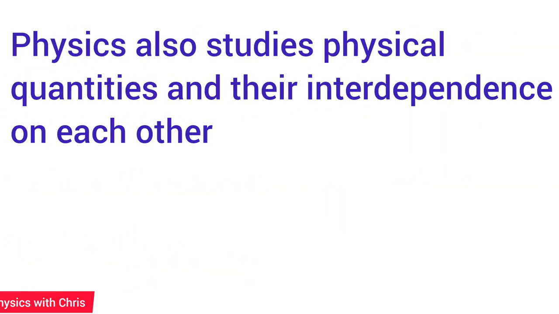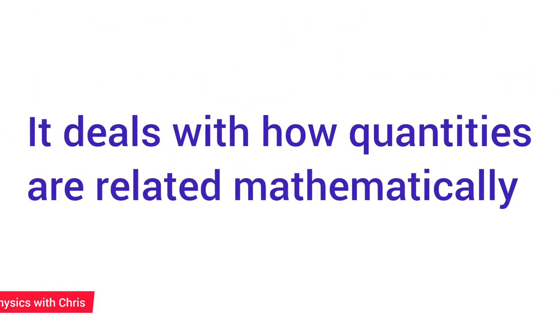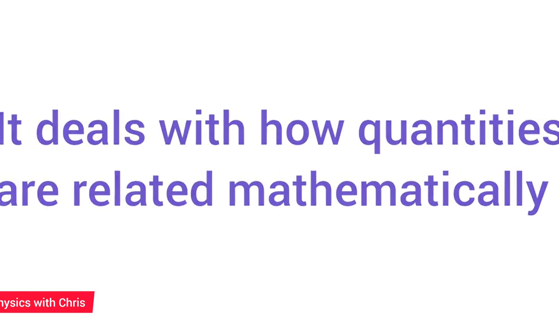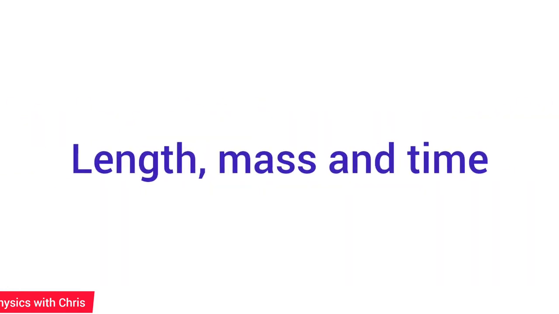Physics as a subject also studies the relationship that exists between physical quantities. That is, it studies the mathematical or physical relationship between these quantities. And what are these quantities? Examples are length, time, mass, and so on and so forth.